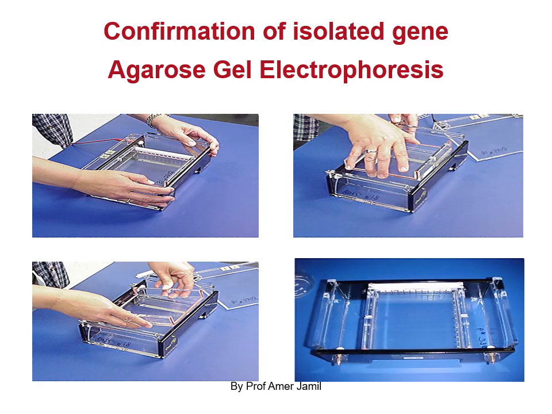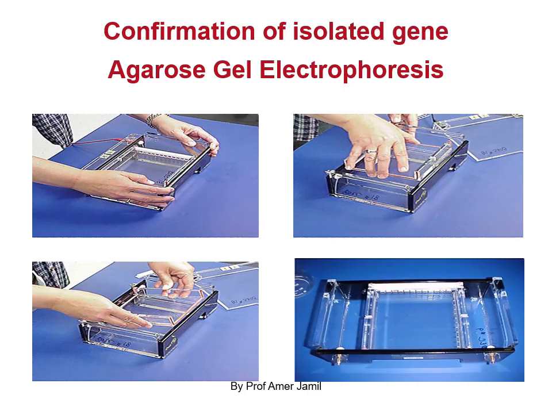Now you have isolated DNA or RNA, or you have amplified your gene by PCR. How are you going to check whether your isolation or your PCR product is of the correct size? You can do it with the help of agarose gel electrophoresis.